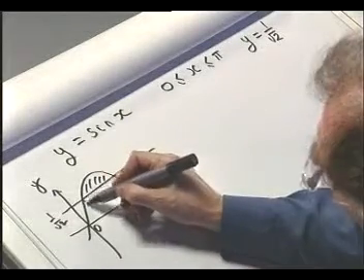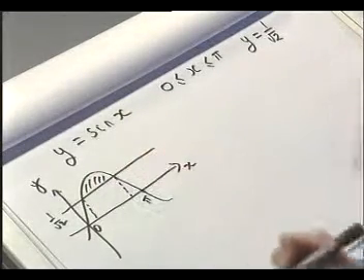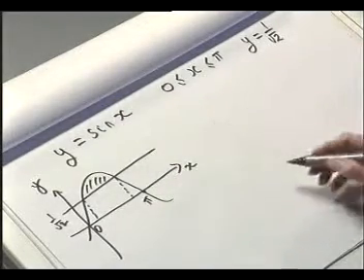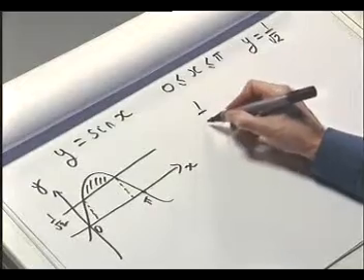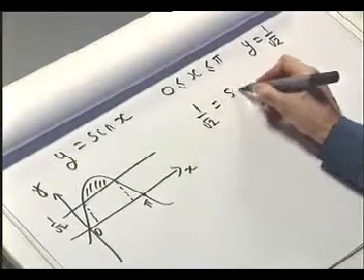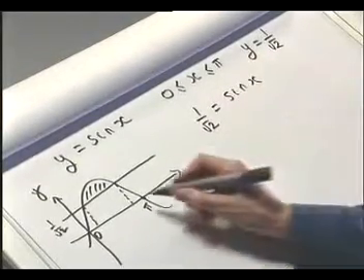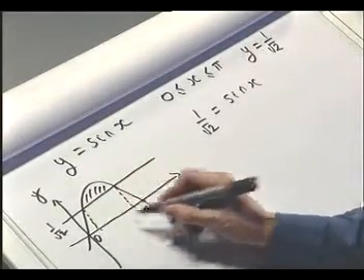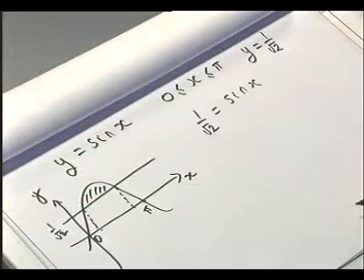What we need to know, what are these values of x? Well, y is equal to 1 over root 2 and y is equal to sine x. So 1 over root 2 is equal to sine x where they meet. So the values of x will be the solutions to this equation.